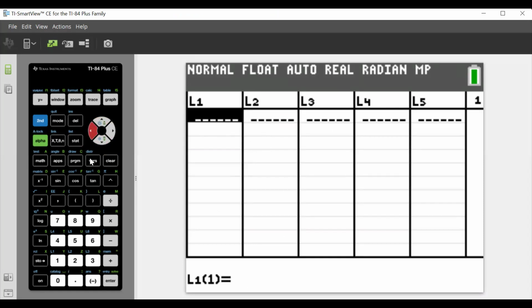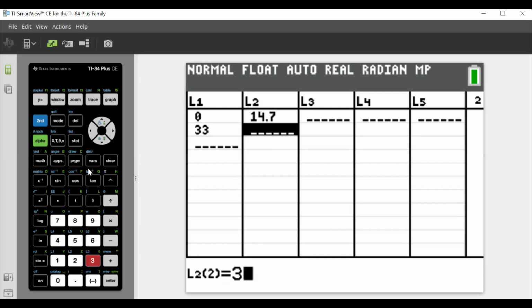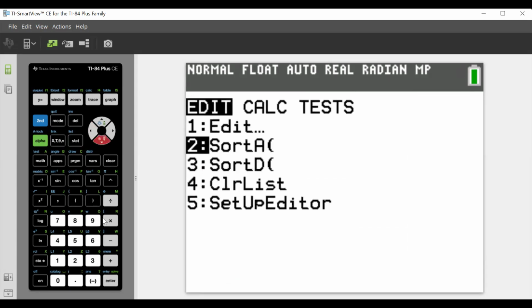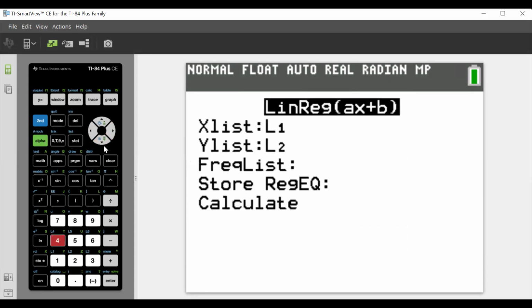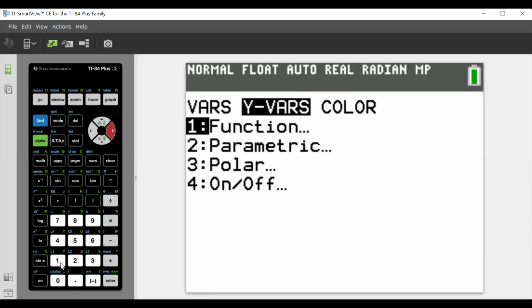So now we have a 0, and we had 33 feet, and then we have 14.7 and 29.4. Now we do our stat calc 4. Let's put that into L1. So vars 1.